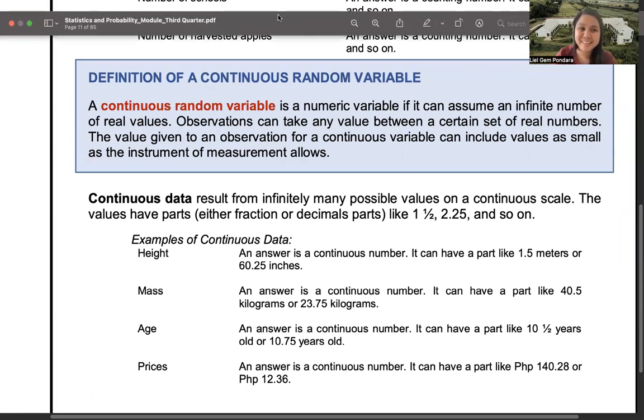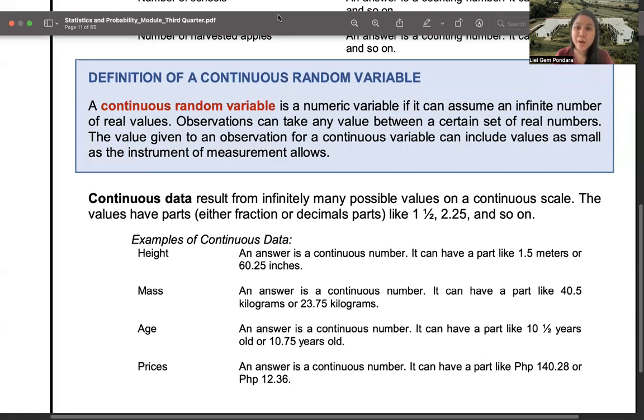It's sharing time. What other continuous data do you know? Speed, yes. However, actually speed can take 17.5, right? But the speedometer would only show you 80, 90, like that. Time, yes. Temperature, yes, 37.5.